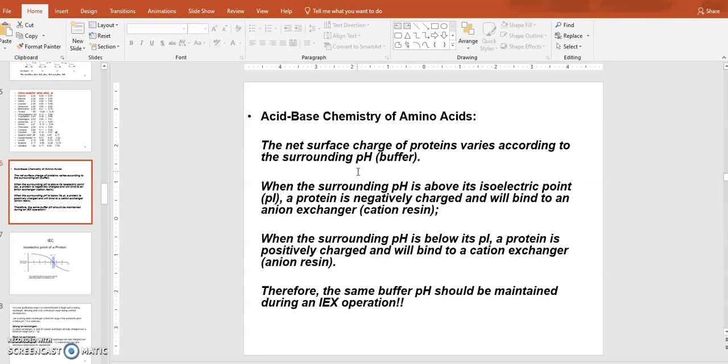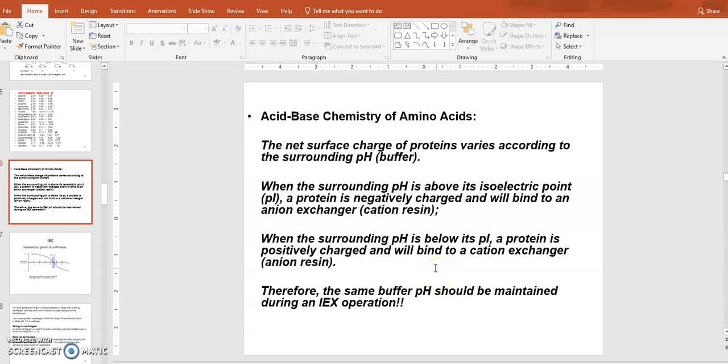Then you will be able to capture your protein. If it's the other way around, and your protein is positively charged, then you have to use an oppositely charged resin. So you have to be able to predict how your protein will be charged. That's why we need to talk about the pH influence on your protein charges.